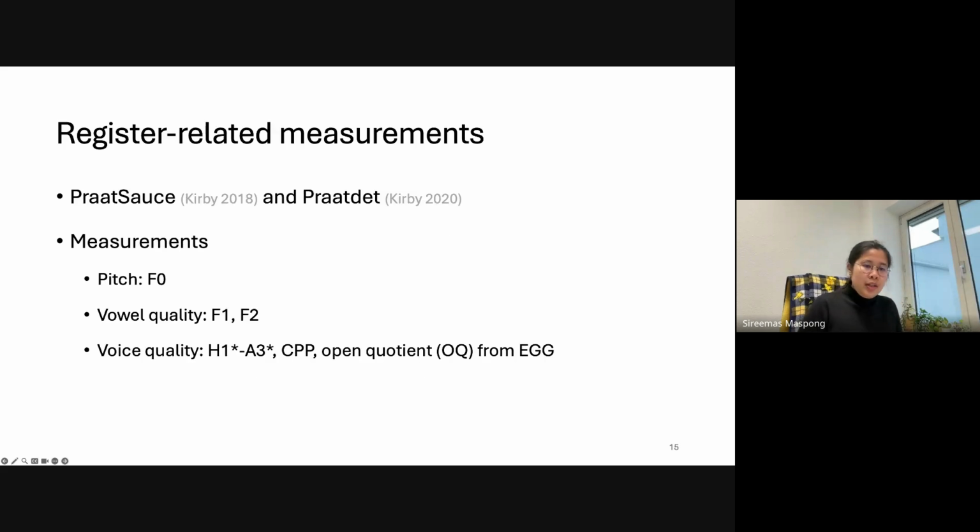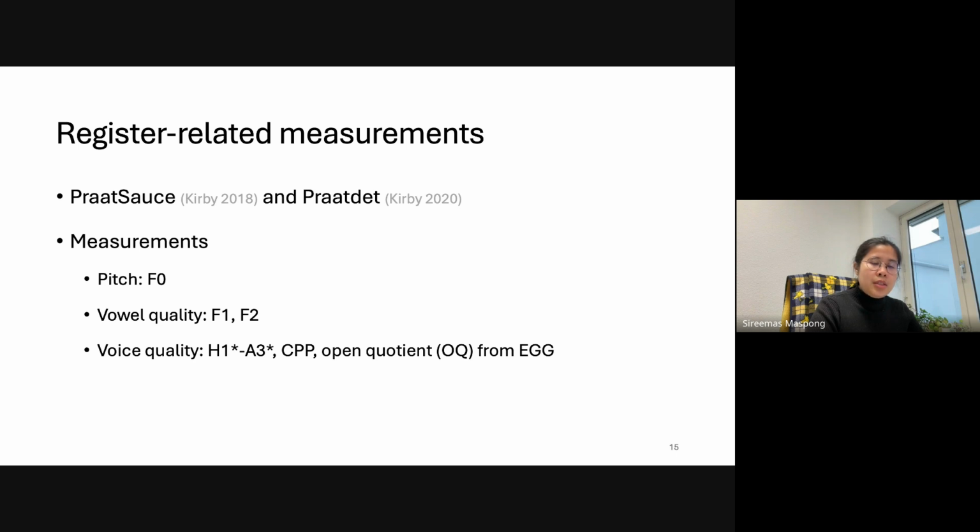After we collected the data, we made measurements of the signals, using Praat scripts, which take the acoustic measurements, and a tool that measures the open portion of the EGG signal. We measured F0, which represents pitch, and F1 and F2, representing vowel quality.